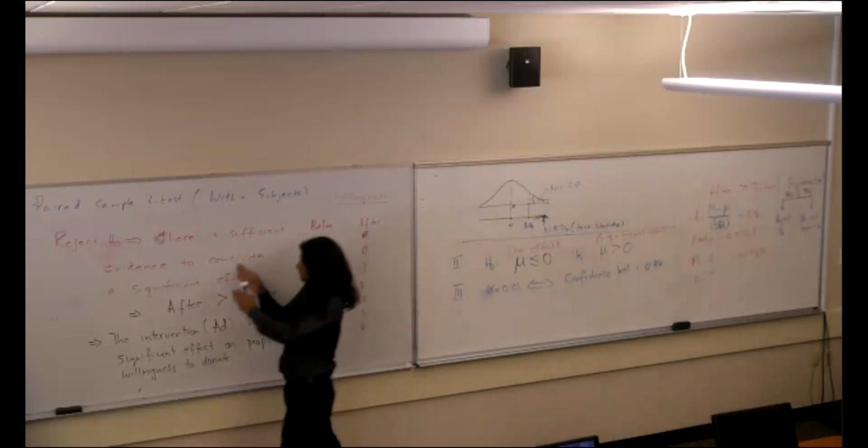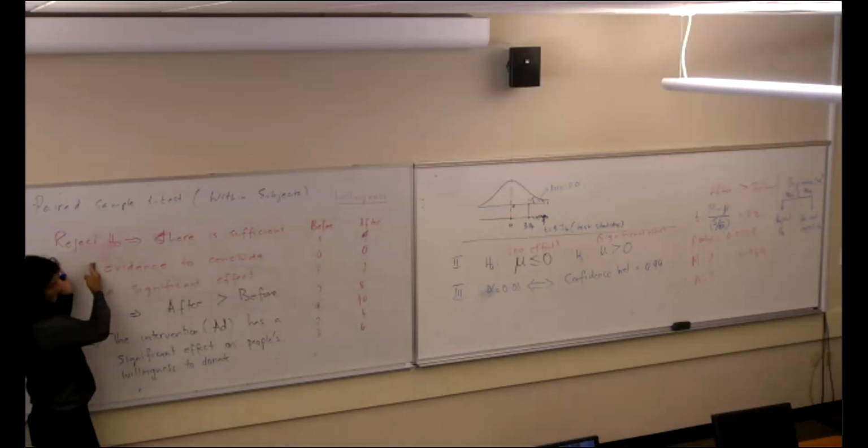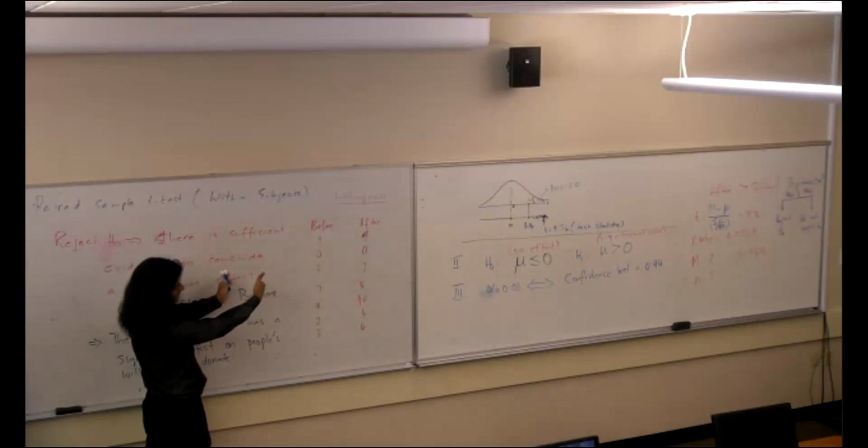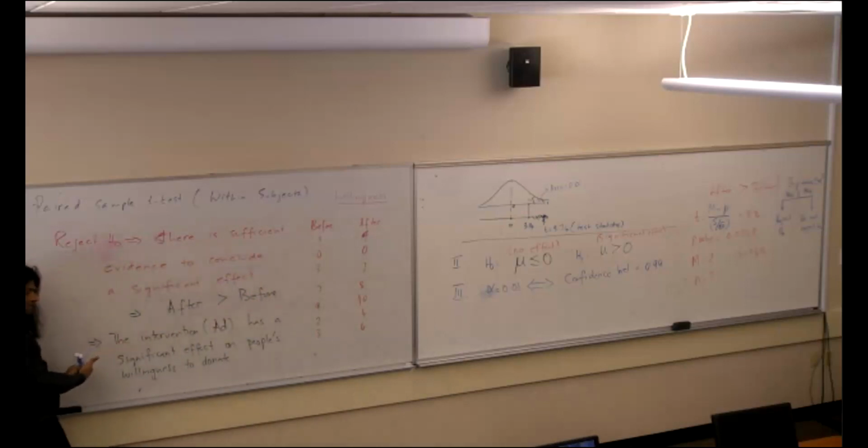Back to here, same conclusion. Reject the null, sufficient evidence to conclude that there is a significant effect. What effect are we studying? If the intervention worked or not. In this case, it worked.